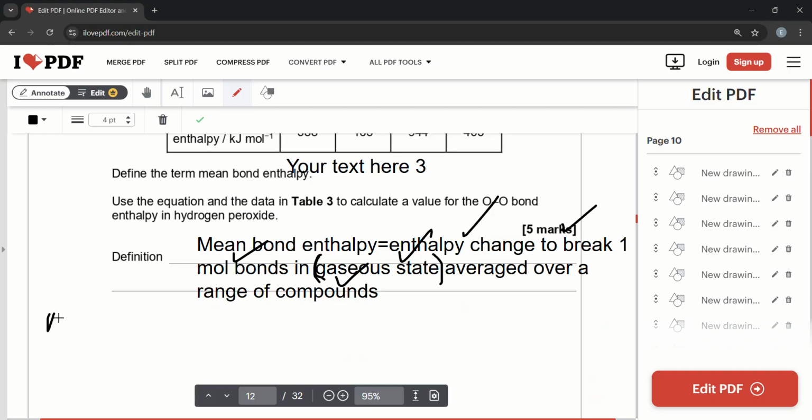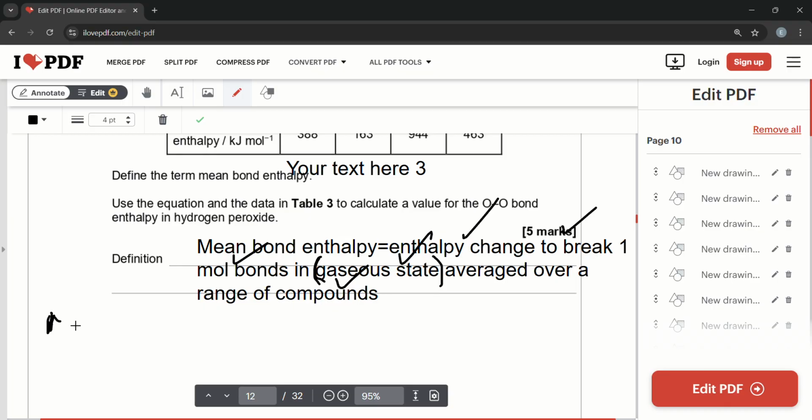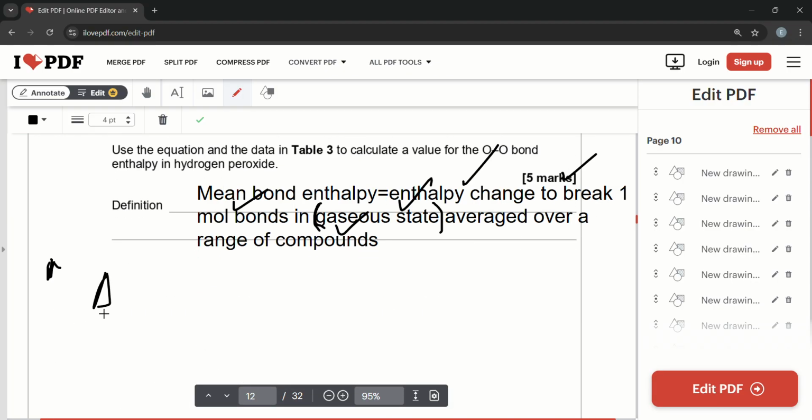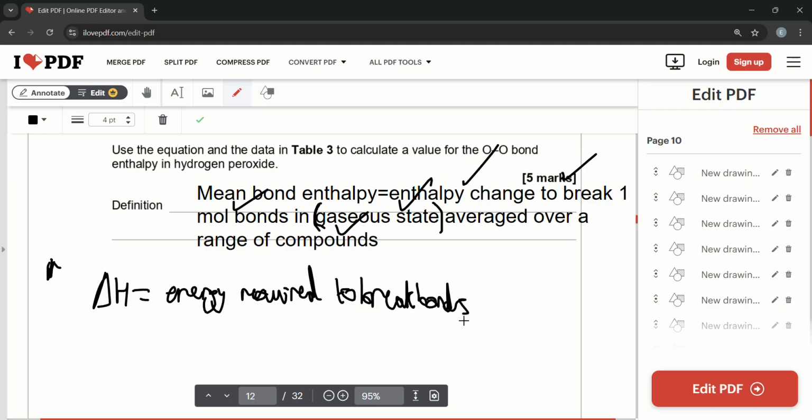So we know delta H equals energy required to break bonds minus energy released when new bonds are formed. Obviously there are different variations, but as long as you know which one you're taking from which.